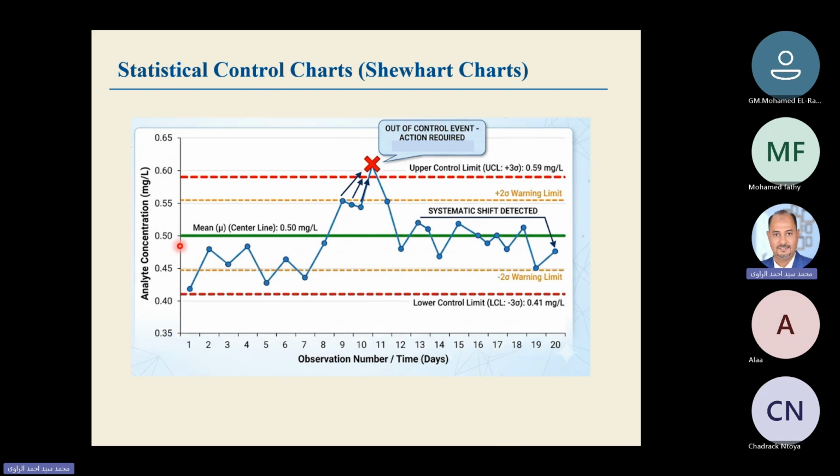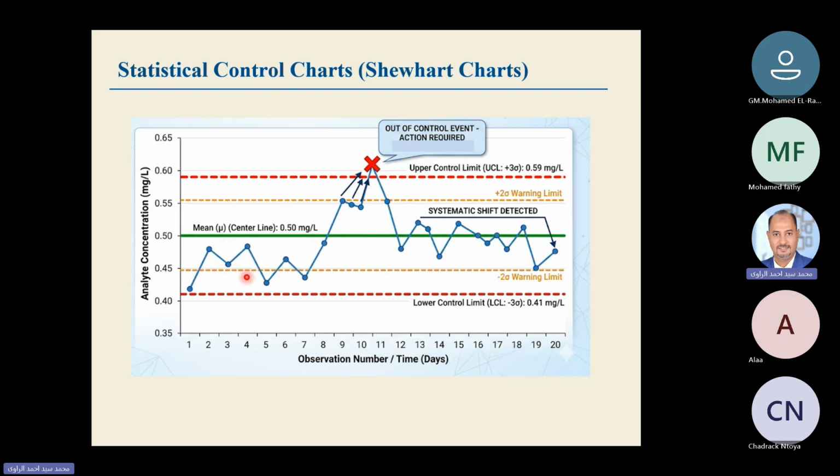If we have the mean value of our measurement equal to 0.50, we calculate the warning limit, which is orange color, and the action limit or upper control limit, which is red color, and also the warning limit below the mean value, and the lower control limit.